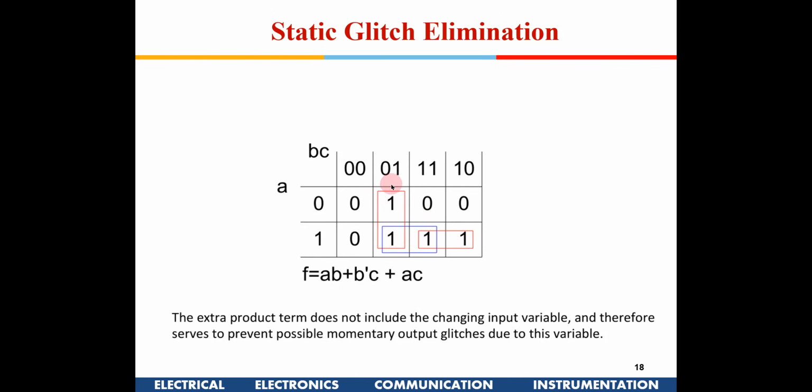You can't leave these 2 red boxes, because there are 2 ones which are close to each other, adjacent ones, not the diagonal ones. If you leave the 2 adjacent ones covered by 2 different boxes, then there is a possibility of a glitch. So in those cases we can put an additional box out here, which results in an additional gate. But that reduces the glitch.